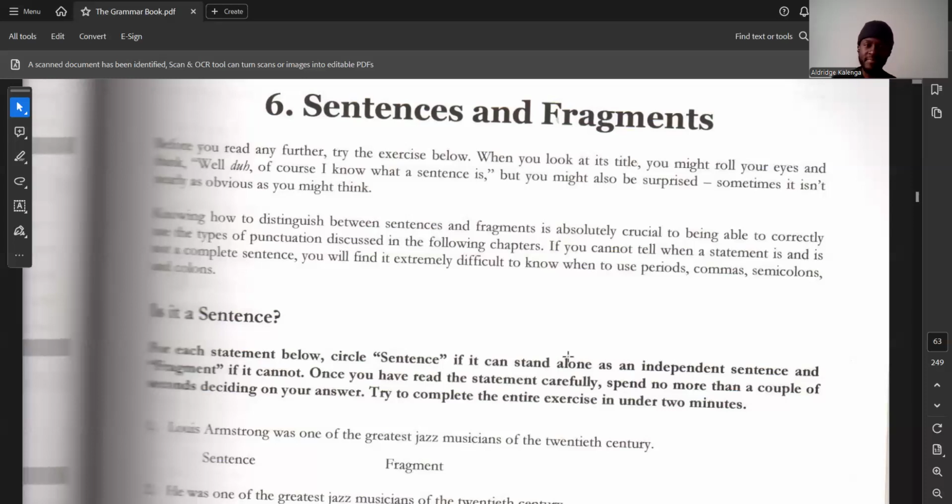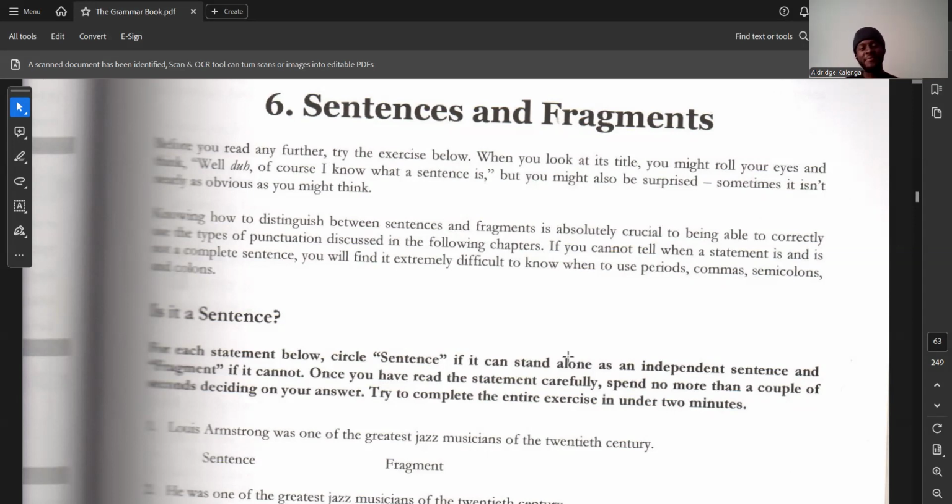The only reason I'm defining this, or these books define terms sometimes, is for purposes of explanation, so that if I say a fragment, everyone's on the same page. A lot of stuff I'm going to teach you in this lesson, you already know. We might just be putting a title to it, making it official.